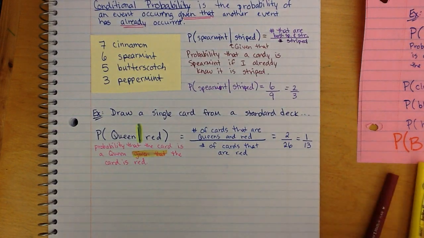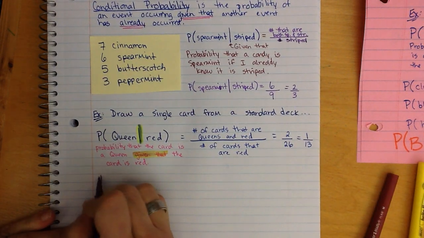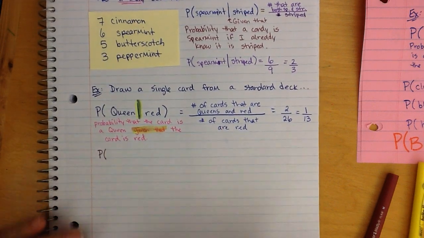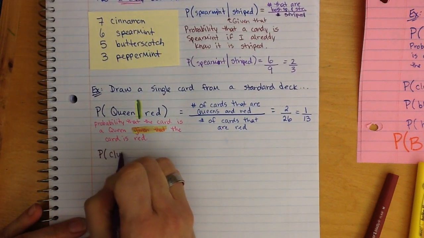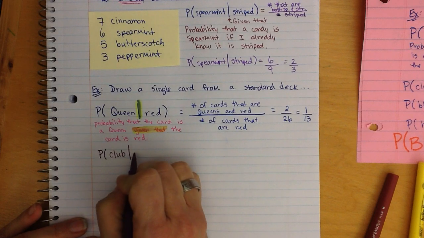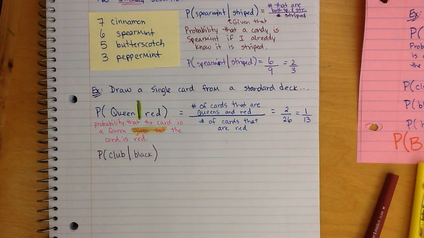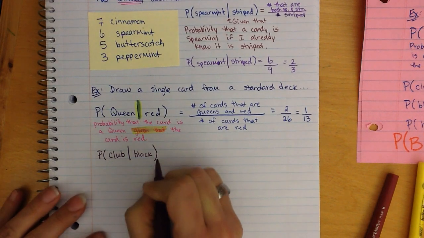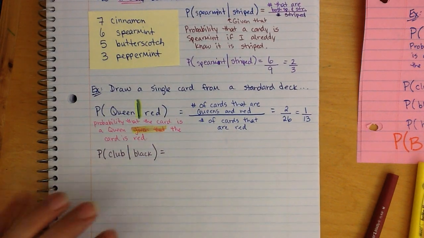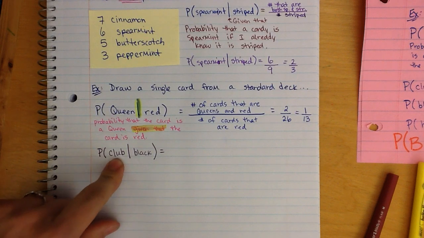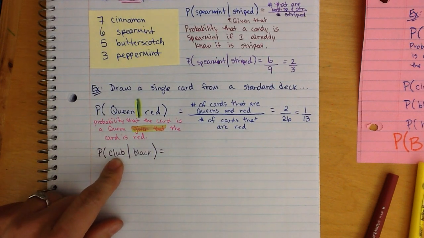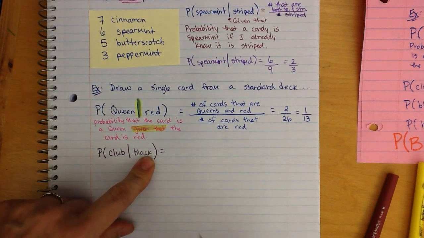Let's do some more of these. So we're still going to stick with drawing a single card. The probability that we draw a club, given that the card is black. So we need to know what's the probability that the card we drew is a club, if we already know the card is black.